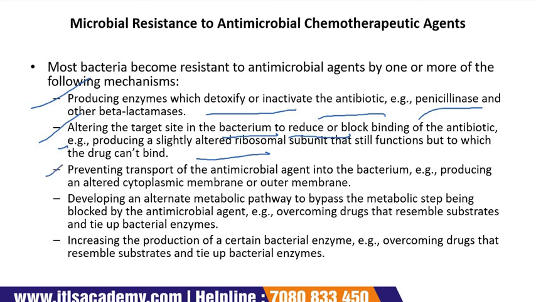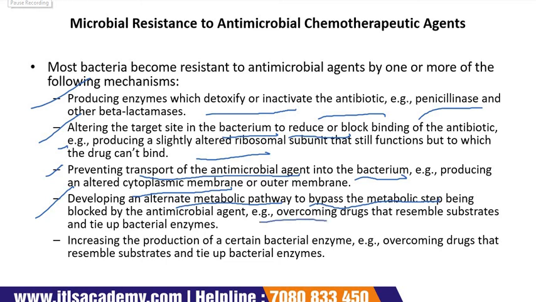Third mechanism is they become resistant by preventing transport of the antimicrobial agent into the bacterium. For example, they produce an altered cytoplasmic membrane or outer membrane. Fourth one is developing an alternate metabolic pathway to bypass the metabolic steps being blocked by the antimicrobial agent.